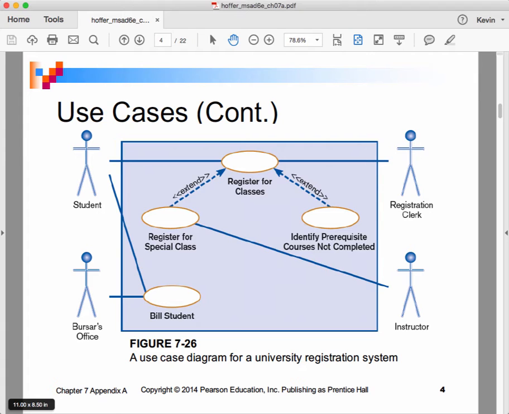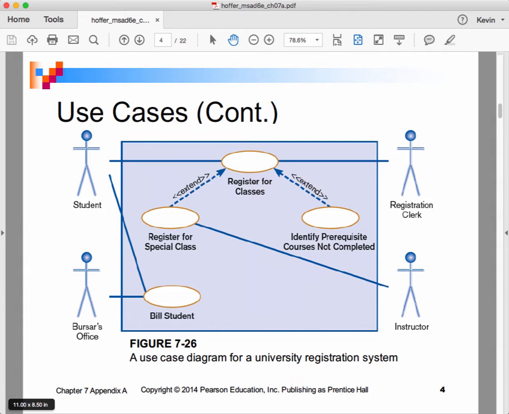So, interesting. I see a thing. I've got one thing that I would change on this diagram. The name of the top process, the top use case, is register for classes.